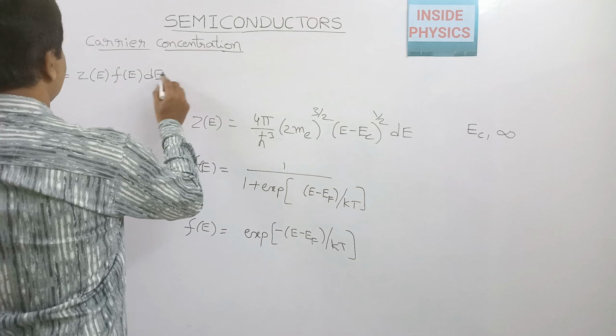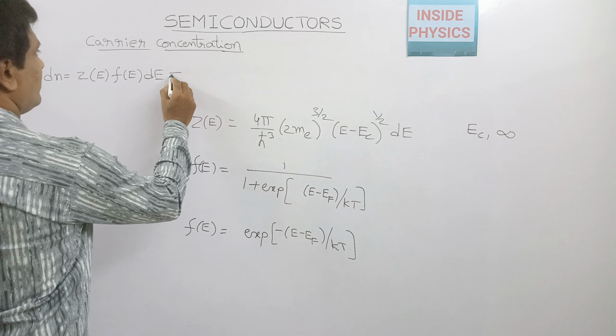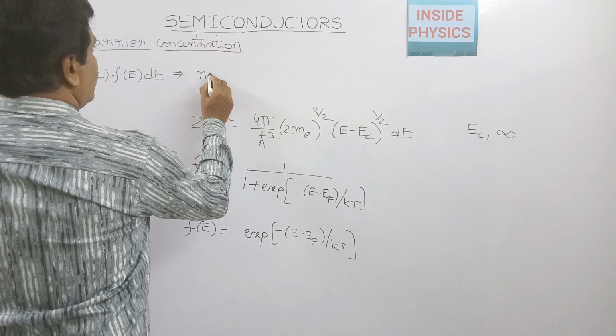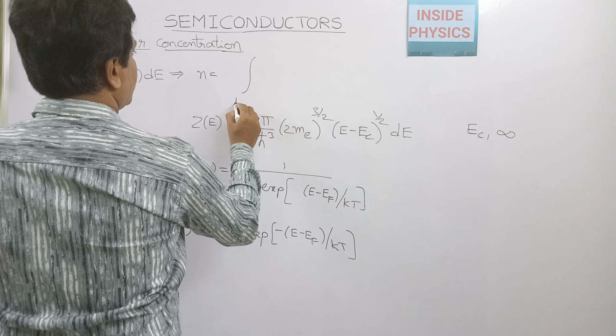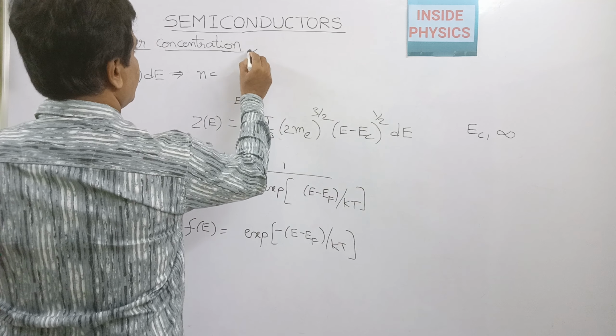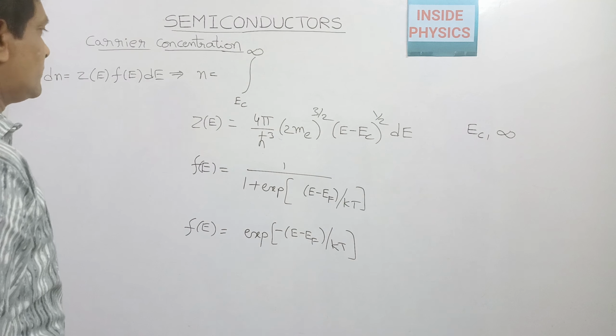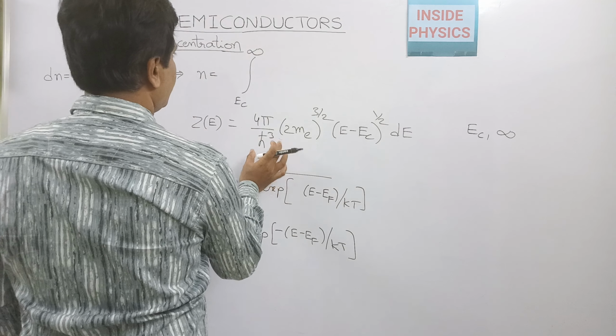So with this mathematical form we can write n is equal to the integral between the limits EC to infinity. What is Z of E here?